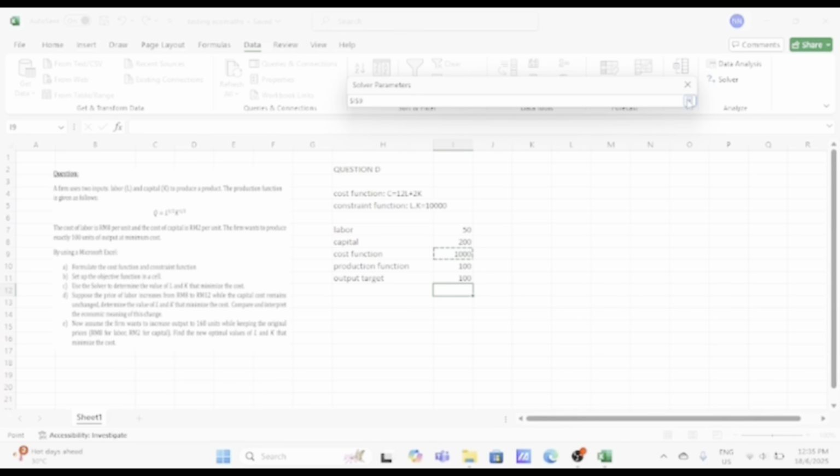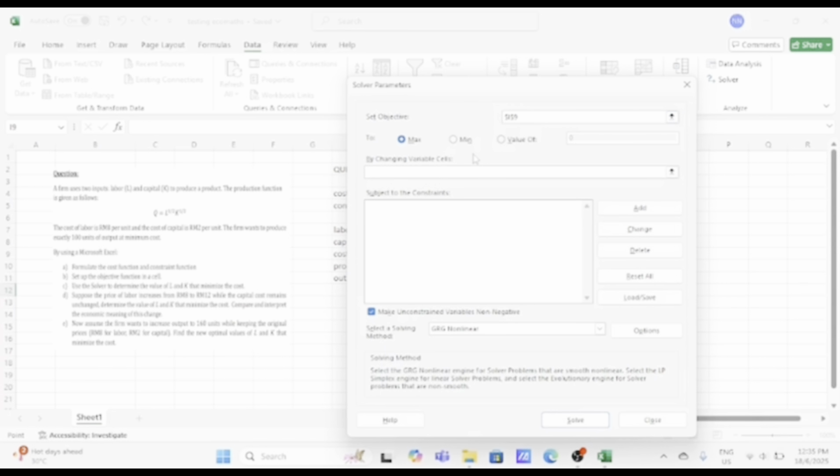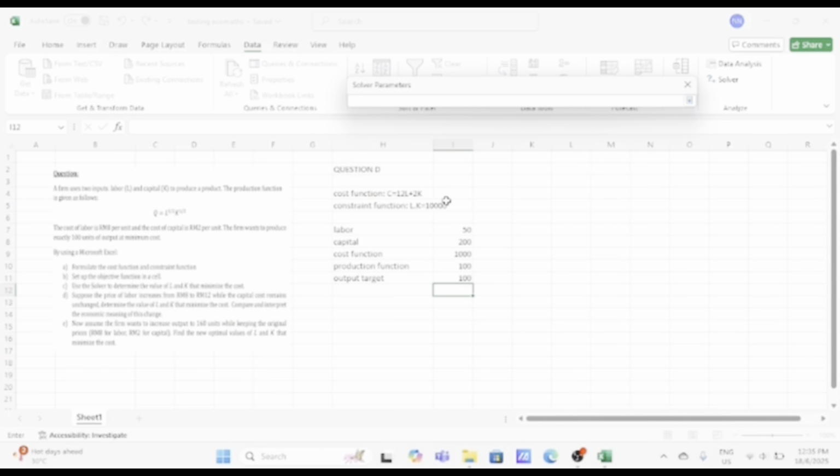Click minimize. For this part we click labor and capital.